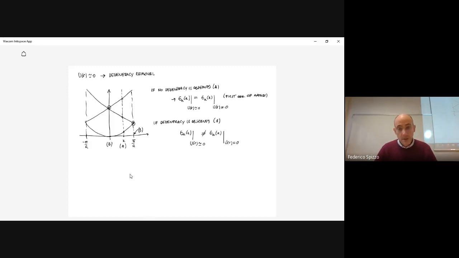In those configurations, the potential actually has an effect, and produces what is generally called a gap. So if you remove the degeneracy, what is the consequence of that? The consequence is that instead of having two values of the energy that are equal with each other, you have two values of the energy that are different. The fact that those are different means that there is a separation between the two values, and this separation is called gap.